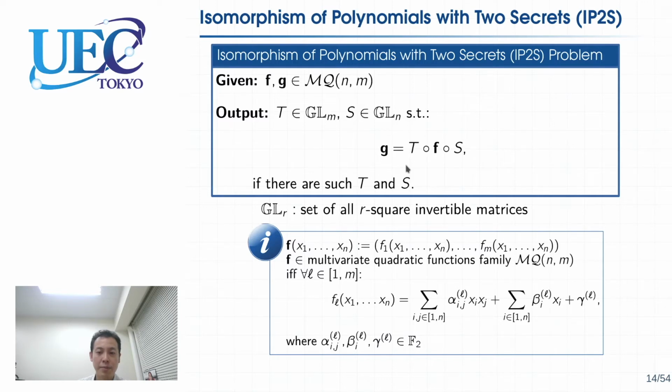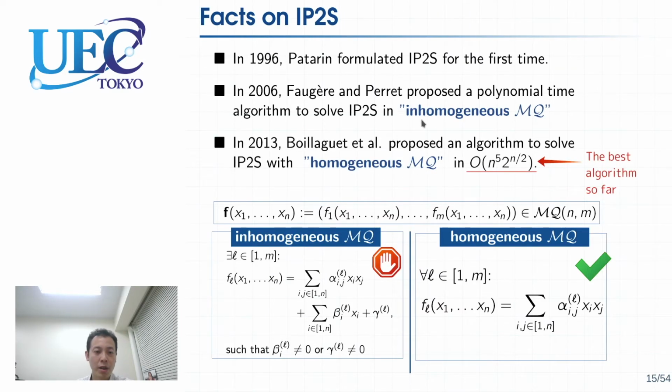This is the problem of IP2S, proposed by Patarin in 1996. In 2006, Faugère and Perret proposed a polynomial-time algorithm to solve IP2S in a special case called inhomogeneous MQ. In inhomogeneous MQ, at least one quadratic function in F has a structure such that the coefficients of the linear terms and the constants are not zero.